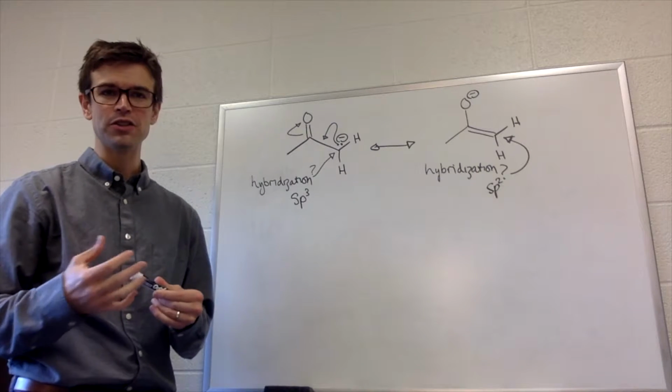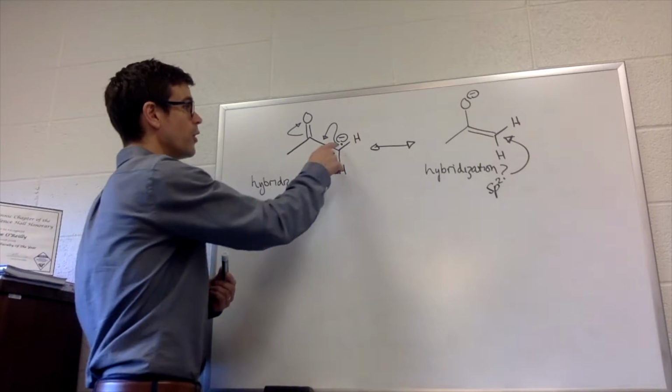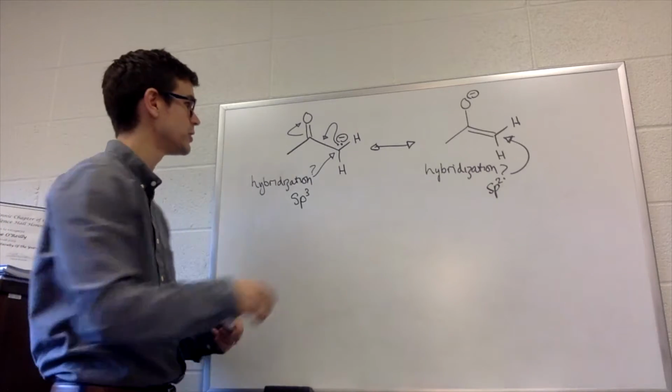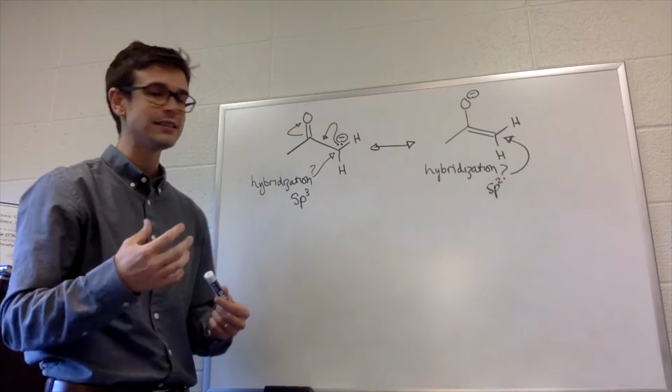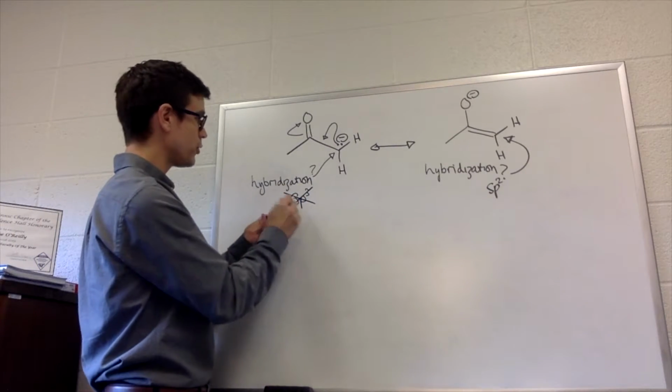The definition of conjugation is the overlap of 3 or more p orbitals. So for this to occur at all, for us to have the ability to show 2 resonance structures, this lone pair isn't in an sp3 orbital, it has to be in a p orbital. So it turns out that that hybridization one is not true.